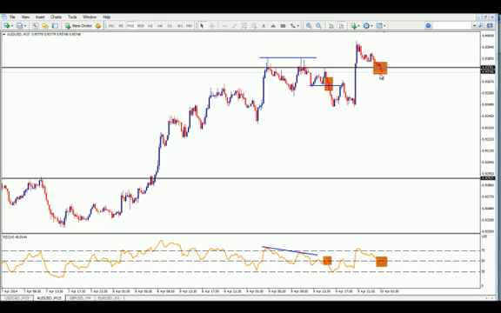And if we move this rectangle right here, you can see that the live signal that we got from just a break below previous highs and the RSI moving below the 50 level is actually going our way.